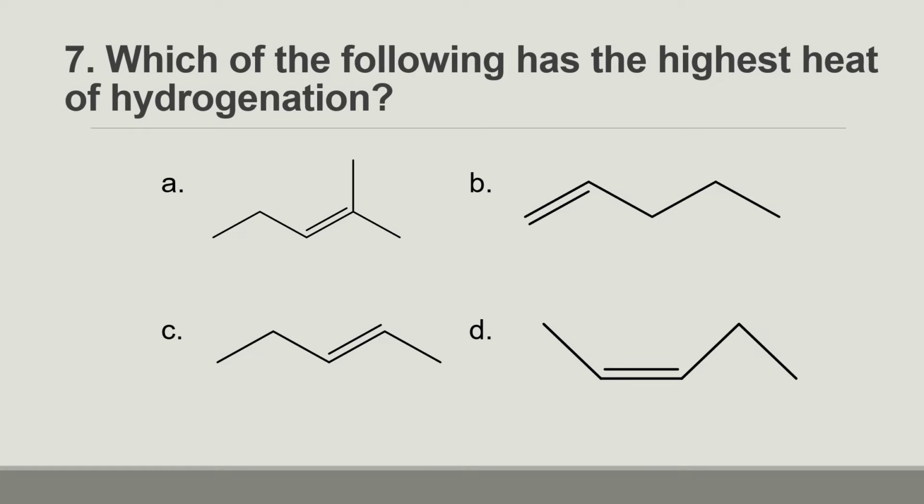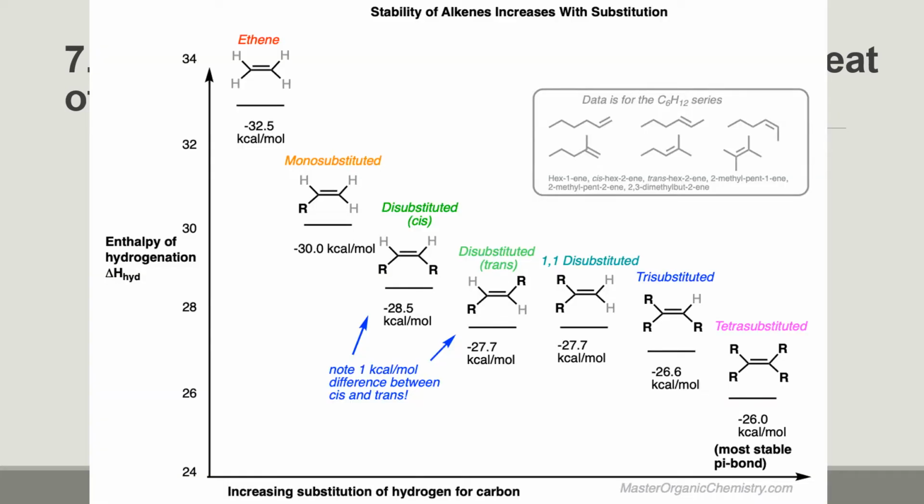However, there are alkenes na stable na. And kapag stable na yun, kaya mababa lang heat of hydrogenation. So if we're going to look at this figure here, we can see na enthalpy of hydrogenation decreases as substitution increases. So let's write that.